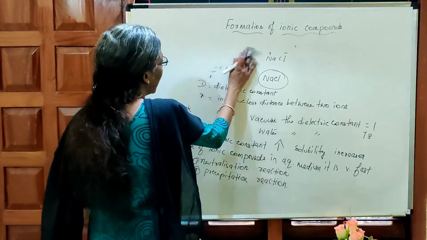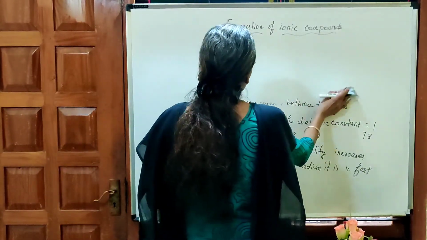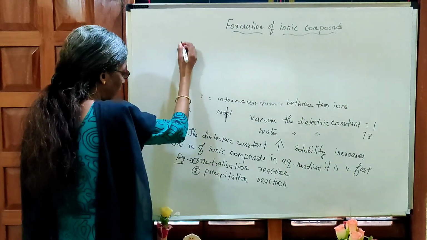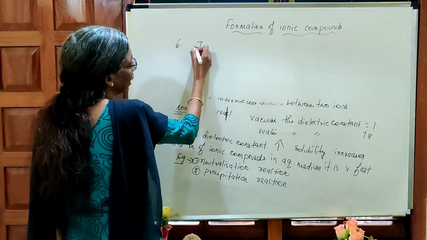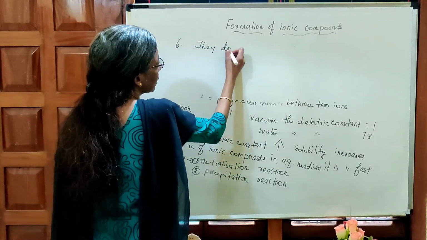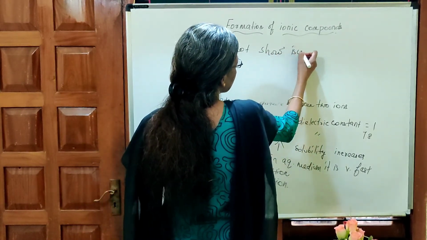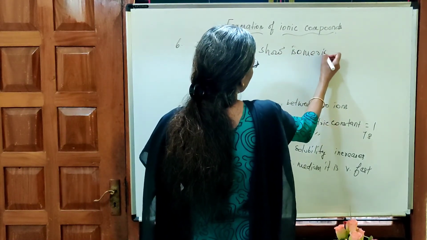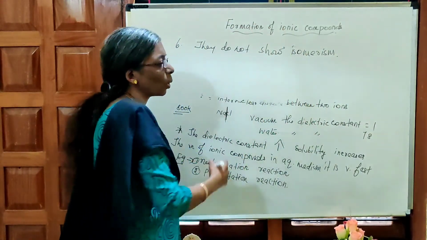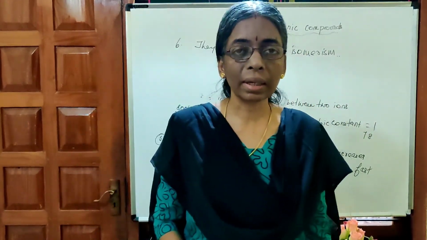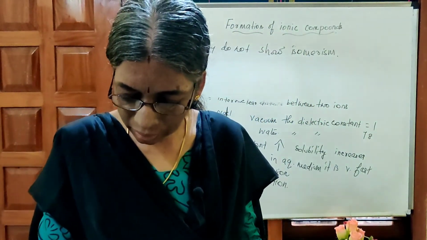The sixth point: ionic compounds do not show isomerism. Isomerism you will study in carbon compounds or covalent compounds. These are the properties of ionic compounds.